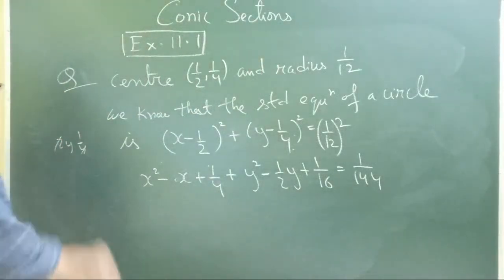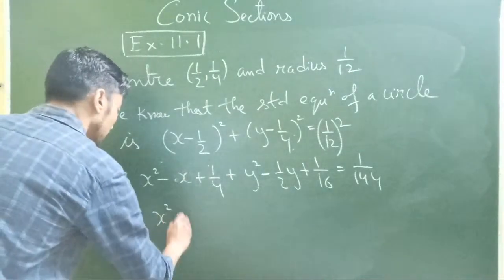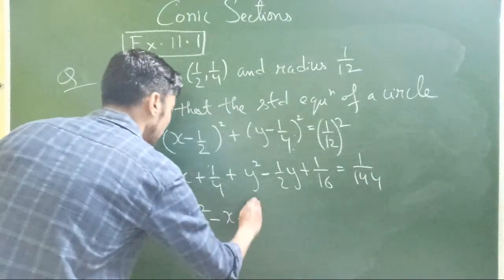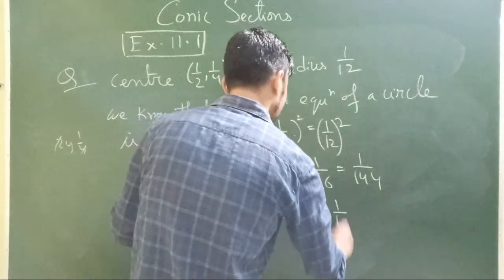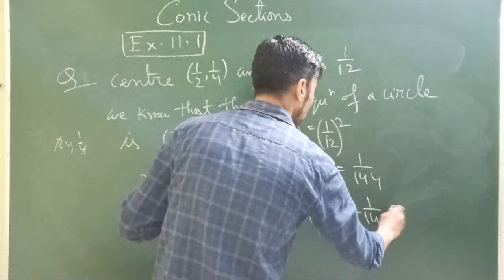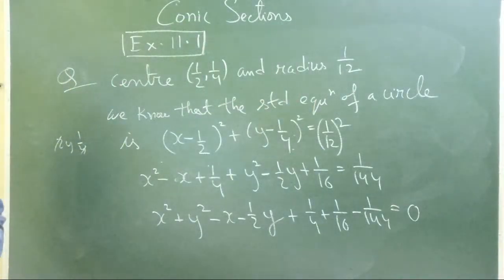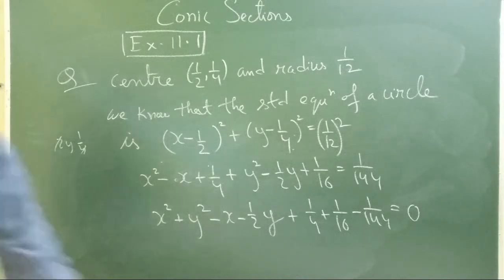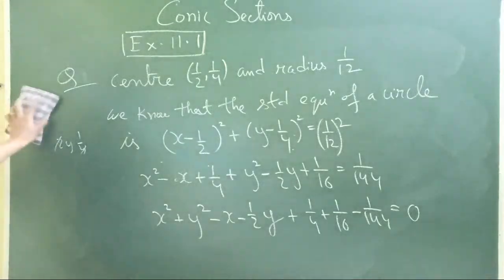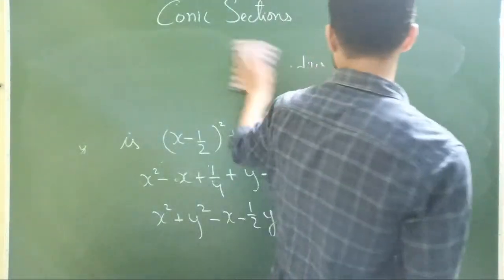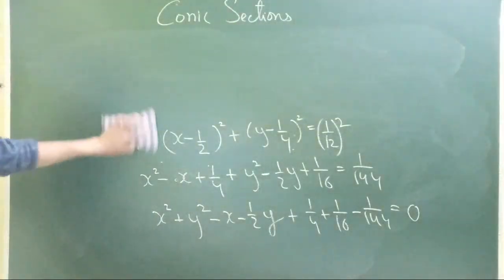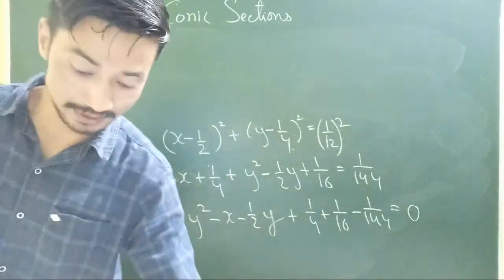Let's solve this. x square plus y square minus x minus 1 by 2 y, then plus 1 by 4 plus 1 by 16 minus 1 by 144 is equal to 0. It will require some simplification.